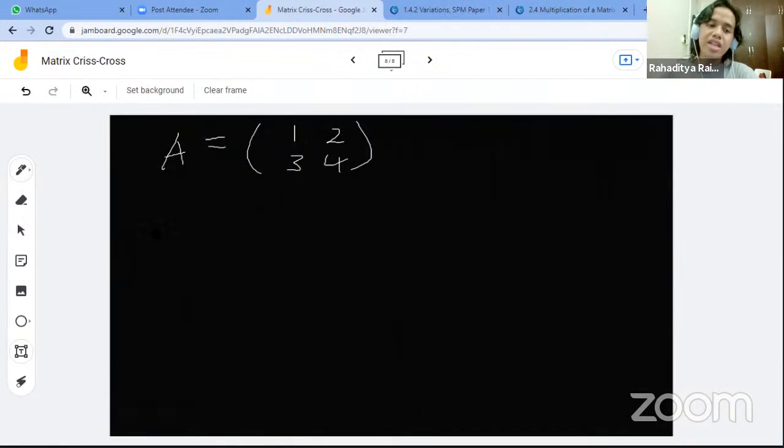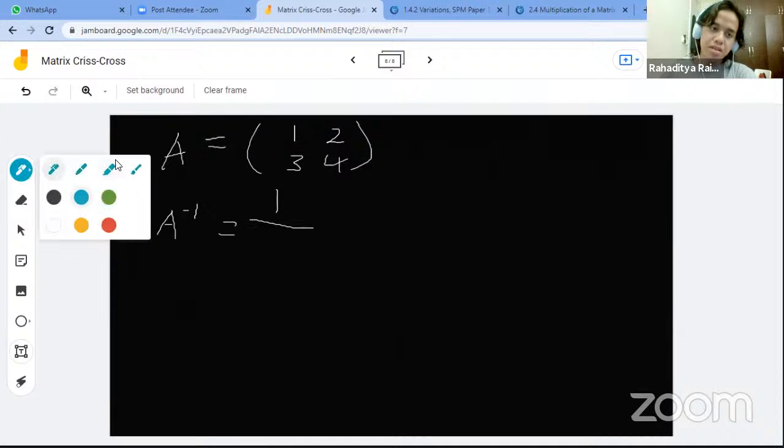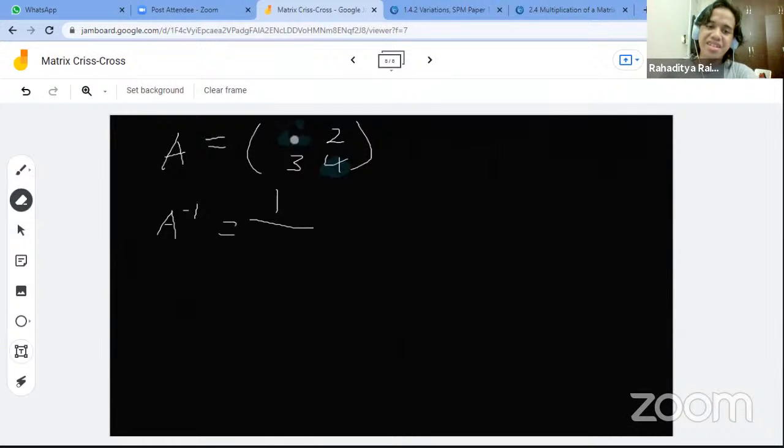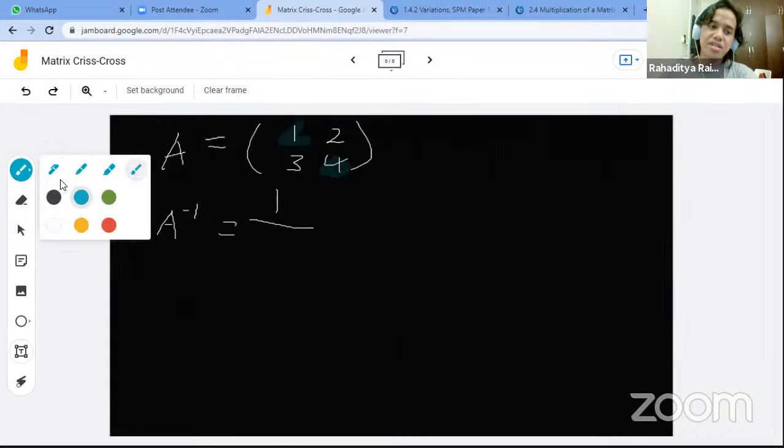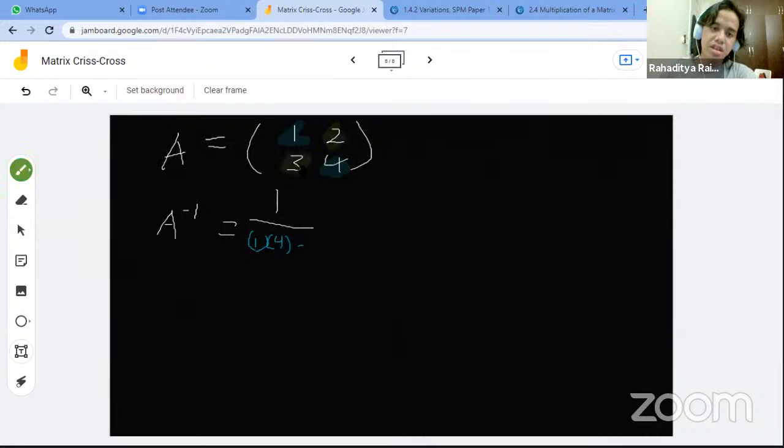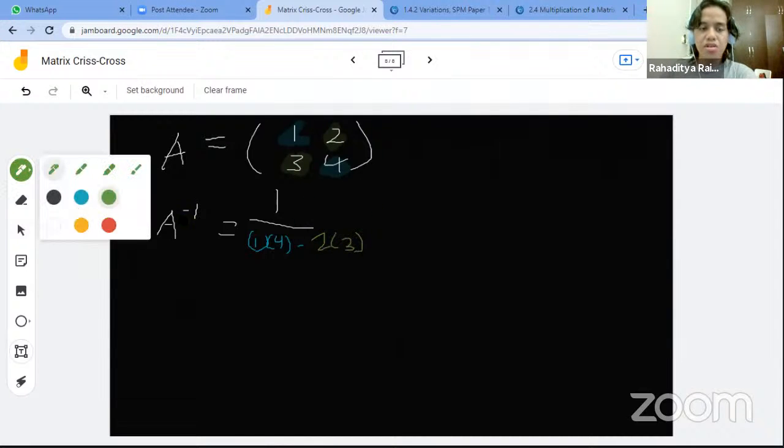A to the power negative 1 would be equal to 1 over, 1 over AD. Okay, 1 times 4 minus 2 times 3. So that's your coefficient.